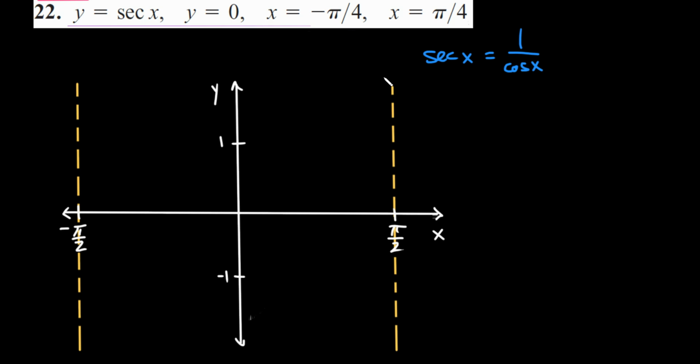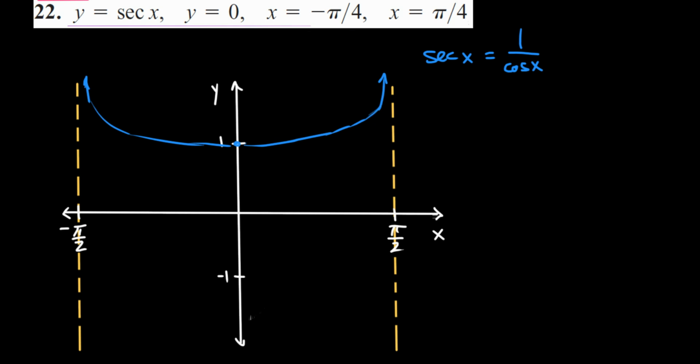And so our function will approach these asymptotes without ever touching them. So it's going to do something sort of like this and like this, while passing through the point where y is equal to 1.